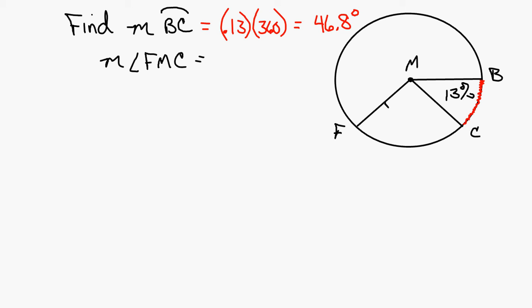If you need this entire angle right here, isn't it the sum of all of its angles? No, it's just 9, 10 plus 11, right? Because F to E is 9, E to D is 10, and D to C is 11. So what's that, 20? 30, like I said. So all of this is 30%. So you need 30% of 360. So what's that, 0.3 times 360? 108 degrees.